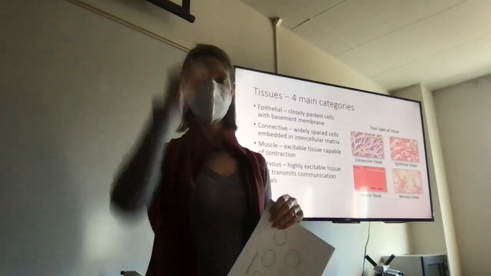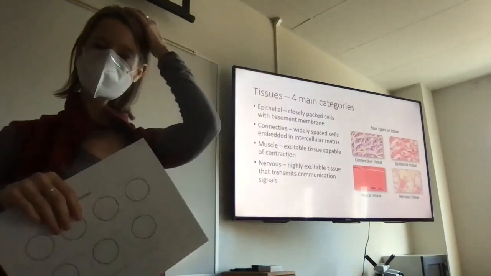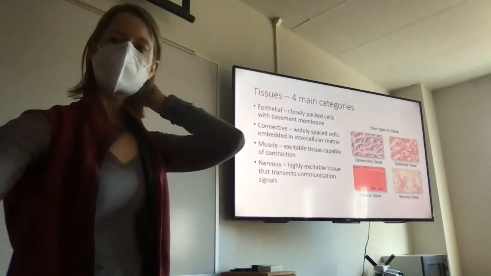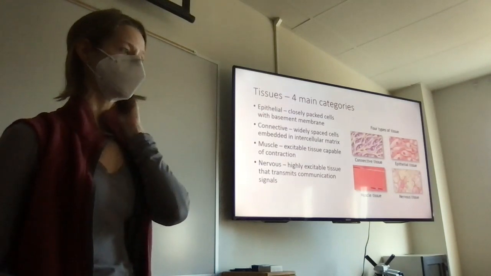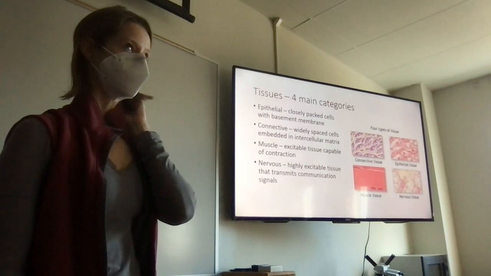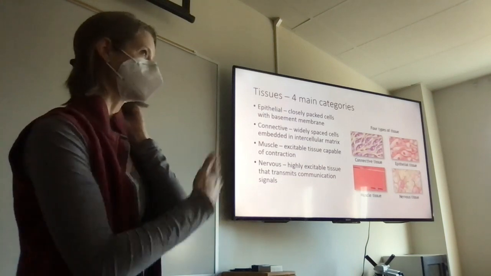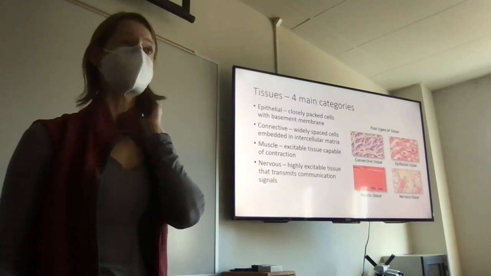So I guess I should, before I jump into the tissues, start with kind of warning you guys that this is an area that can trip a lot of people up. So it's a really difficult topic to learn because it's hard to tell the difference between them when you look at the slides. There's a lot of them, and it's not particularly exciting.